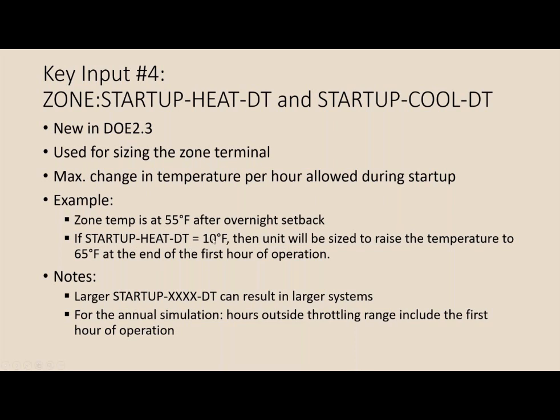So you would keep this at 10 degrees and just know that you're going to have some hours outside throttling range. On the other side, if you do bump this up to 17, your coils are going to be bigger, your pumps will be bigger, so there's going to be more energy use in the building because of that. There are some inefficiencies due to sizing.